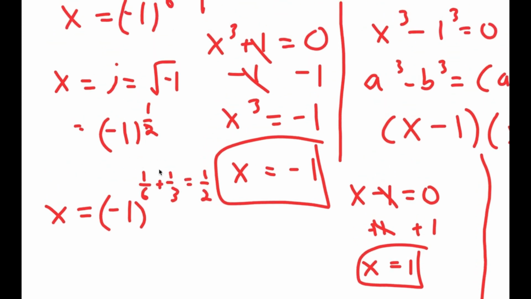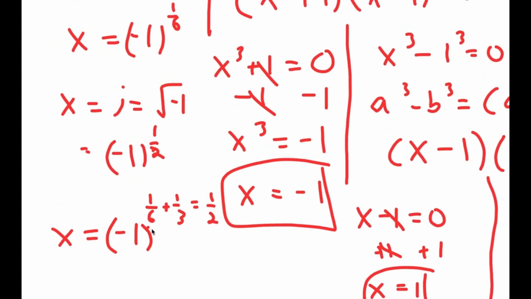We know this, meaning we have -1 to the power of 1 over 6, and 1 over 2 minus 1 over 3 is what we can rewrite 1 over 6 as.